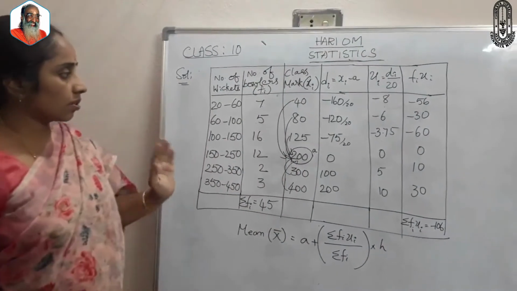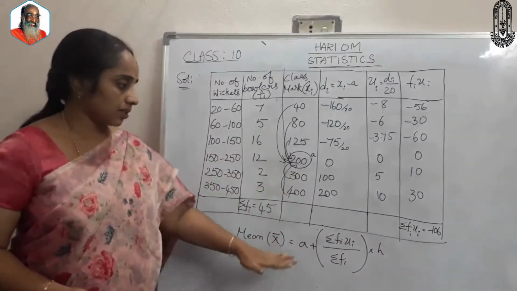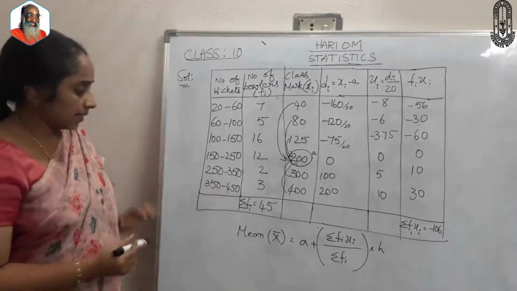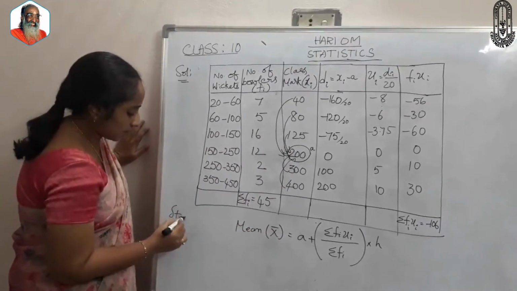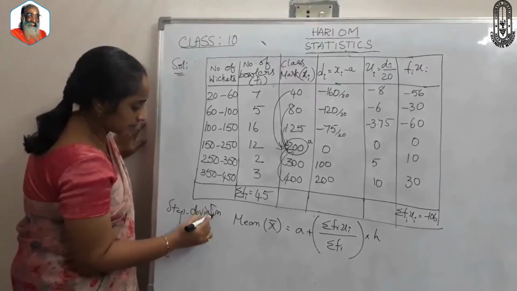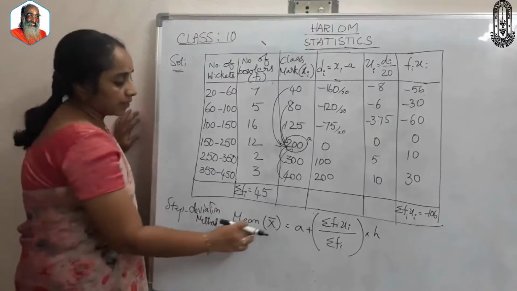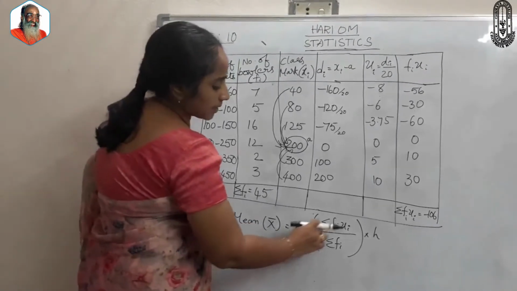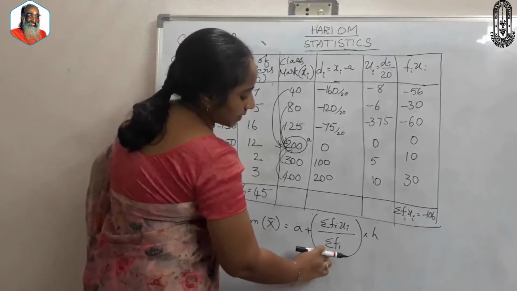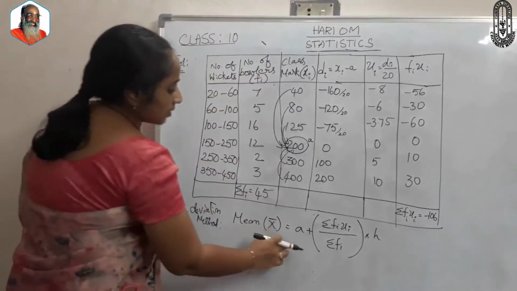Now substitute all these values in the formula for the step deviation method. Mean is equal to A plus sigma FI UI by sigma FI into H. Here what is our assumed mean?